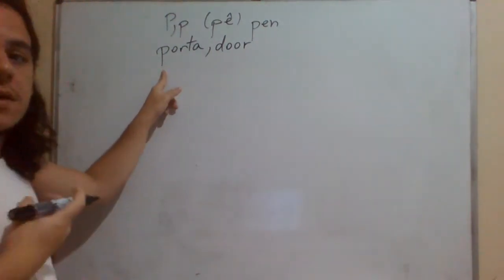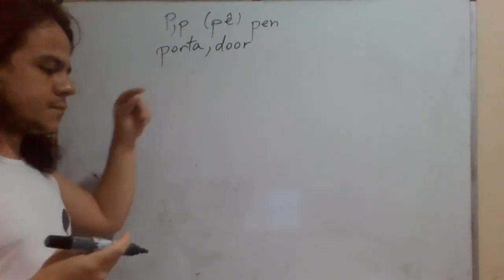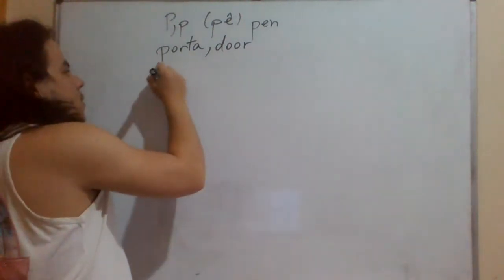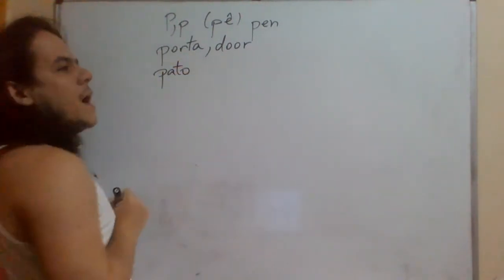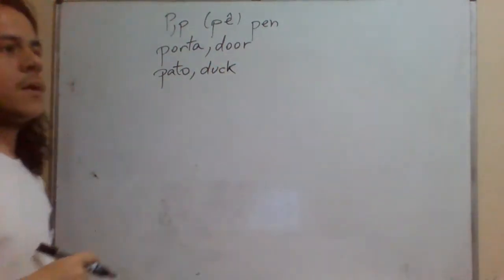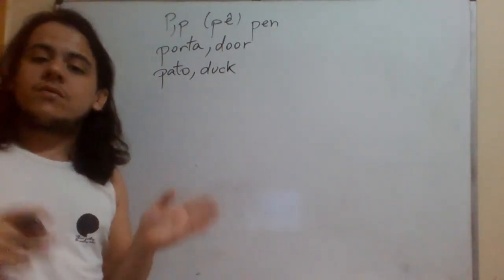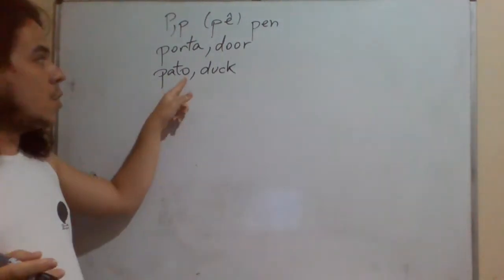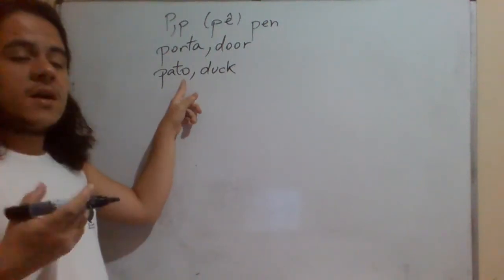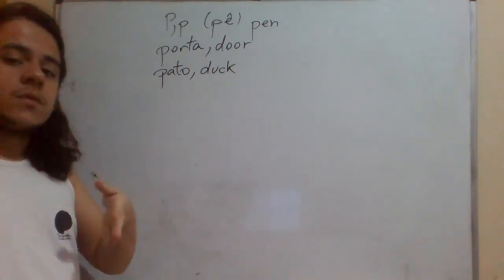So the same sound. P. Porta. Or pato. Pato means duck. So the Donald Duck in Portuguese is Pato Donald. And notice the letter O here at the end of the word, it has the sound of U, pato.